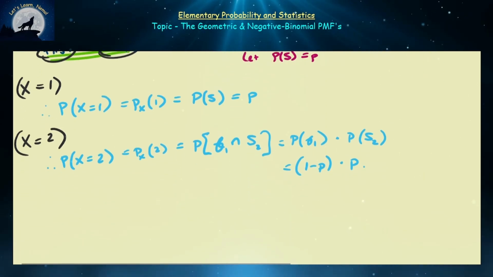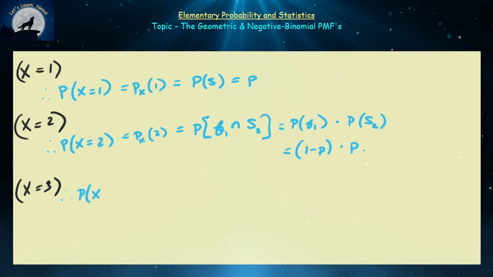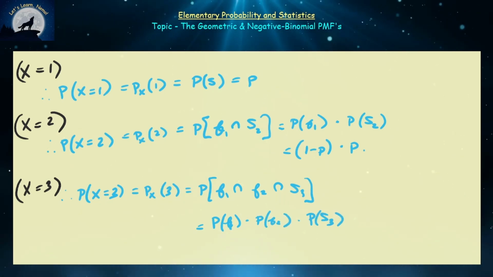Similarly speaking, I can go to trial number 3. If we're on X equal to 3, that means the first two trials were failures. So we can say that the probability X is equal to 3, or equivalently p_X(3), will be equal to the probability of failure on the first and failure on the second and success on the third, which is just going to be the probability of failure 1 times the probability of failure 2 times the probability of success 3.